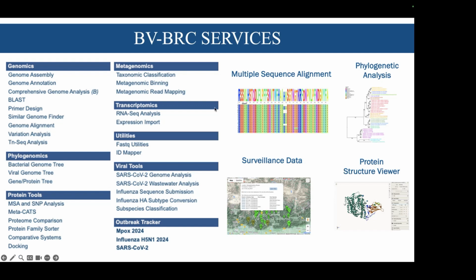Here are just some pictures so you can begin to understand images that you can pull from the BV-BRC. We have a multiple sequence alignment, our phylogenetic analysis colored based on some metadata feature, our surveillance data that links to a map to be able to view that, and then our protein structure viewer to view structures.